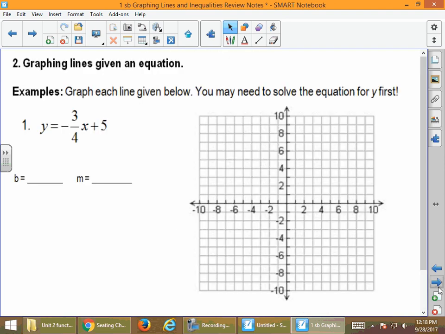We can go the other direction. We can graph a line given an equation. And our directions say graph each line given below. You may need to solve the equation for y first, because slope-intercept equation is y equals mx plus b. But luckily on this first one, we do not need to do that.